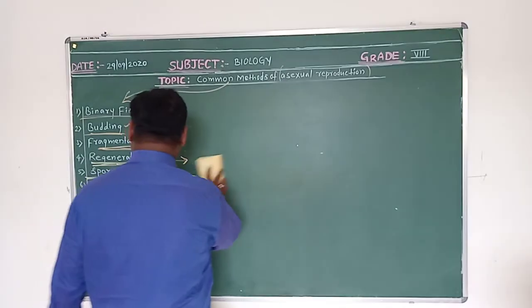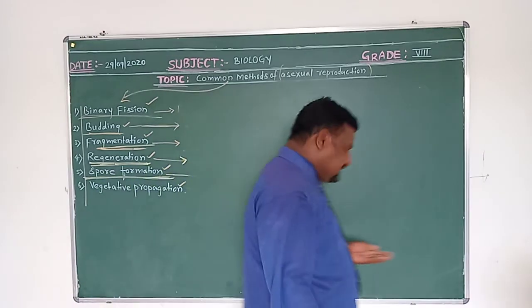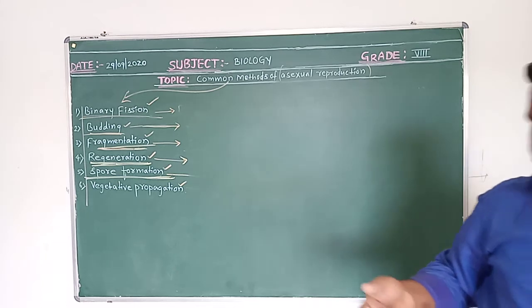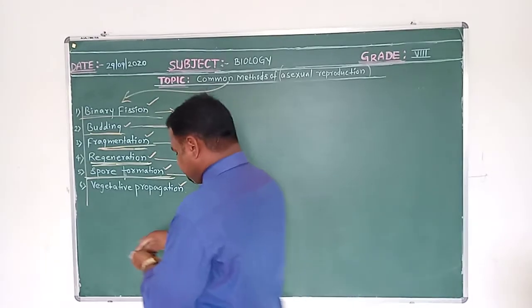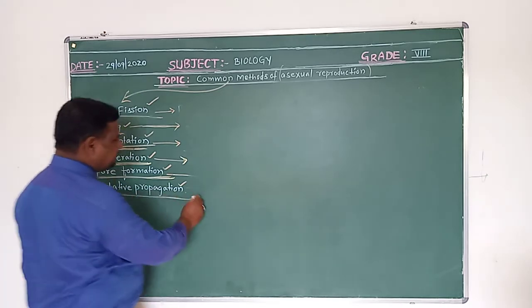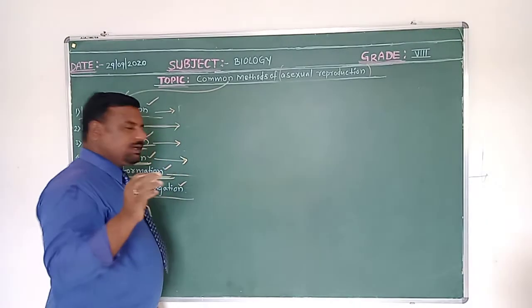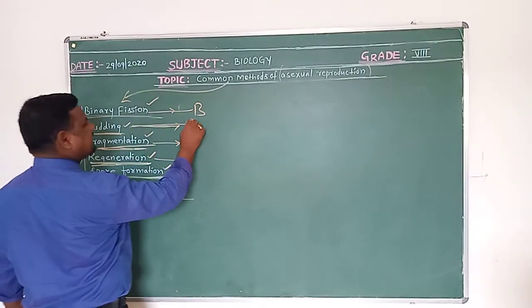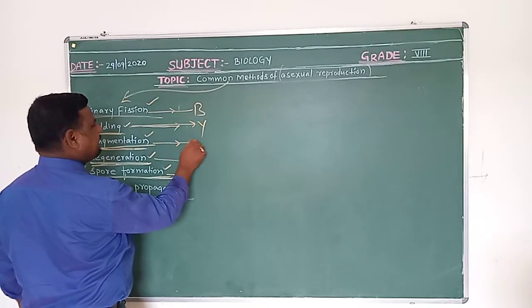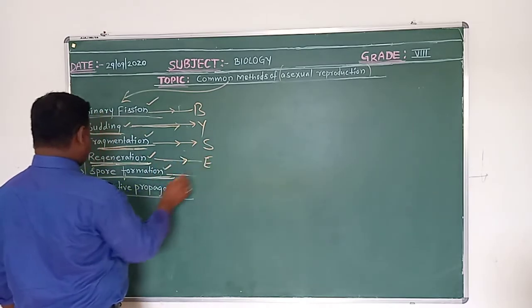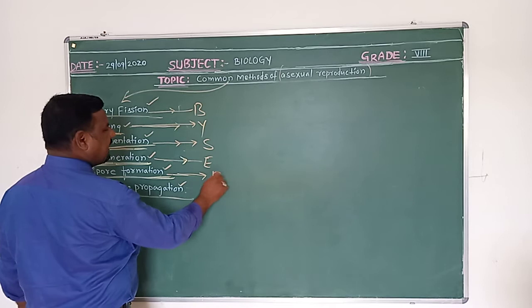And next comes vegetative propagation. What is the next? Vegetative propagation. Now, you know the plant body. Binary fission takes place in bacteria, budding takes place in yeast, fragmentation in Spirogyra, regeneration takes place in earthworm, and spore formation takes place in fungi.